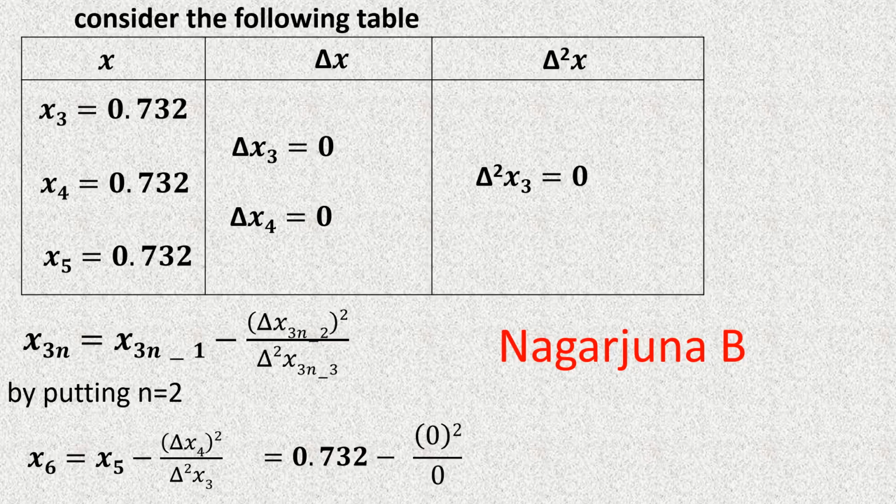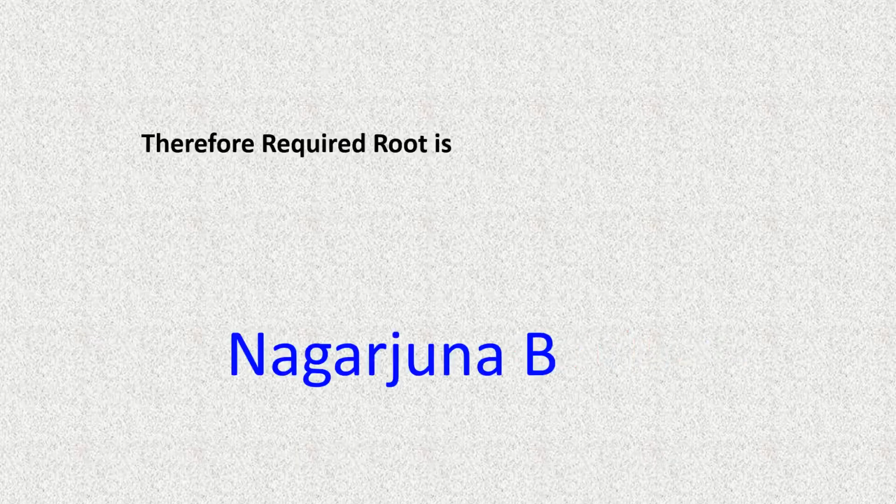So upon evaluation, 0 square is 0 divided by 0. 0 divided by 0 will be 0. So 0.732 minus 0 is 0.732. Therefore x6 equal to 0.732. Therefore the required root is 0.732 by using Aitken's delta square method.